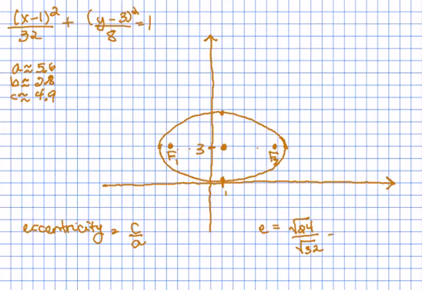And I see that I could rewrite this as square root of 8 times square root of 3 over the square root of 8 times the square root of 4. And of course, those square roots of 8 would divide out and become 1. And so I'm left with the square root of 3 over square root of 4, which is 2. So our eccentricity is square root of 3 over 2.